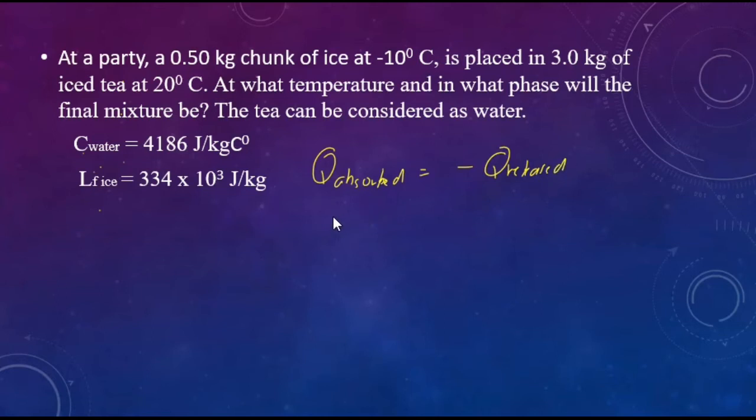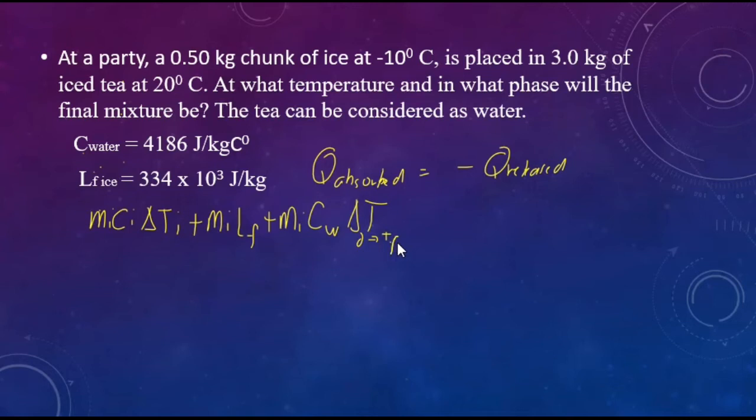Again, we have to add another term to this Q absorb that we were able to solve earlier. So, you have mass of the ice, C of the ice, delta T of the ice, plus mass of the ice, LF, plus, and that's the term that we have to add, mass of the melted ice, C of the water, because it's already melted, and then delta T. But our delta T is from 0 to final TF, which is unknown.